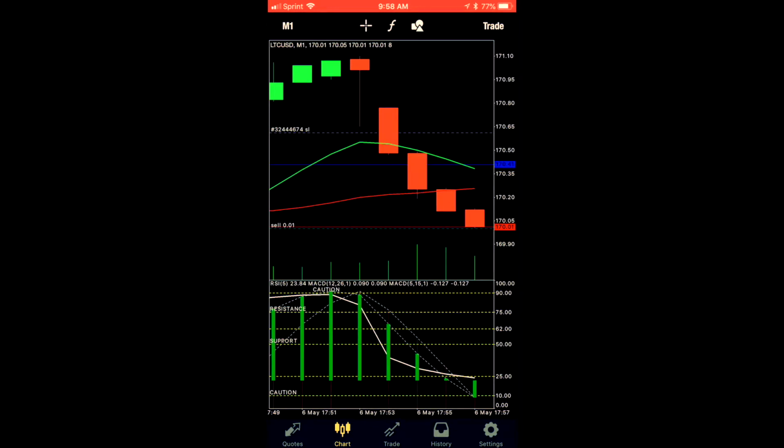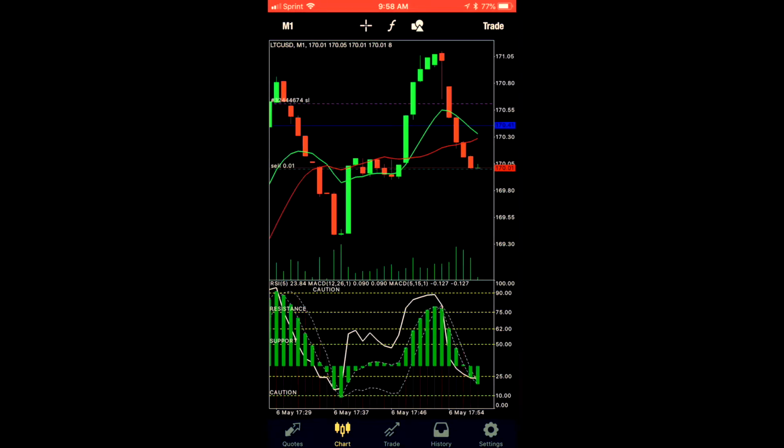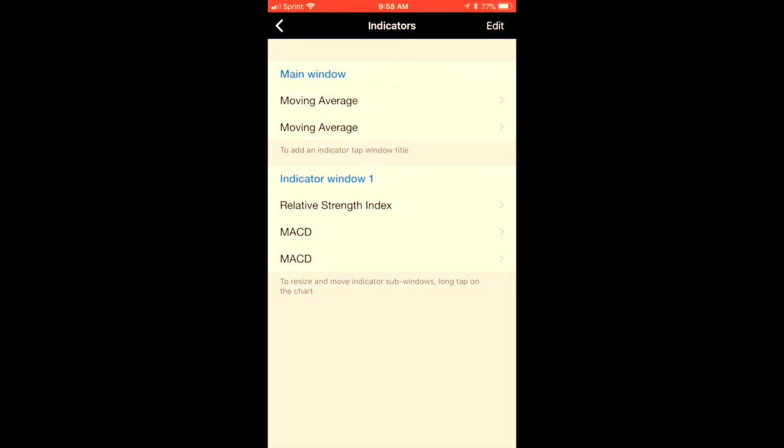Once this line crosses over, it's letting you know that the short is taking over. That is your moving average. I have two different moving averages, and I have two different MACDs along with one relative strength index.